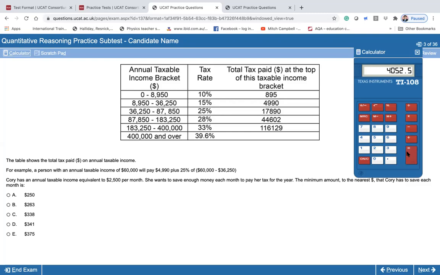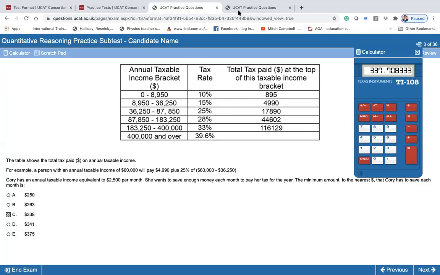So that's the amount she has to pay in tax for one complete year. She wants to calculate how much she has to save per month. So you divide that by 12, and you would get 337.70. And 337.70 would be rounded to 338. So your answer is going to be 338.